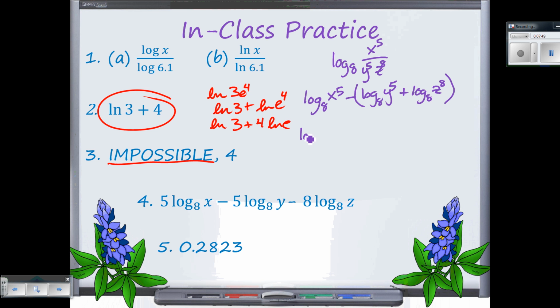My way, I turn this into all one line by bringing those out of the denominator. Now when I split this apart, log base 8 of x to the 5 plus log base 8 of y to the negative 5 plus log base 8 of z to the negative 8, sorry.